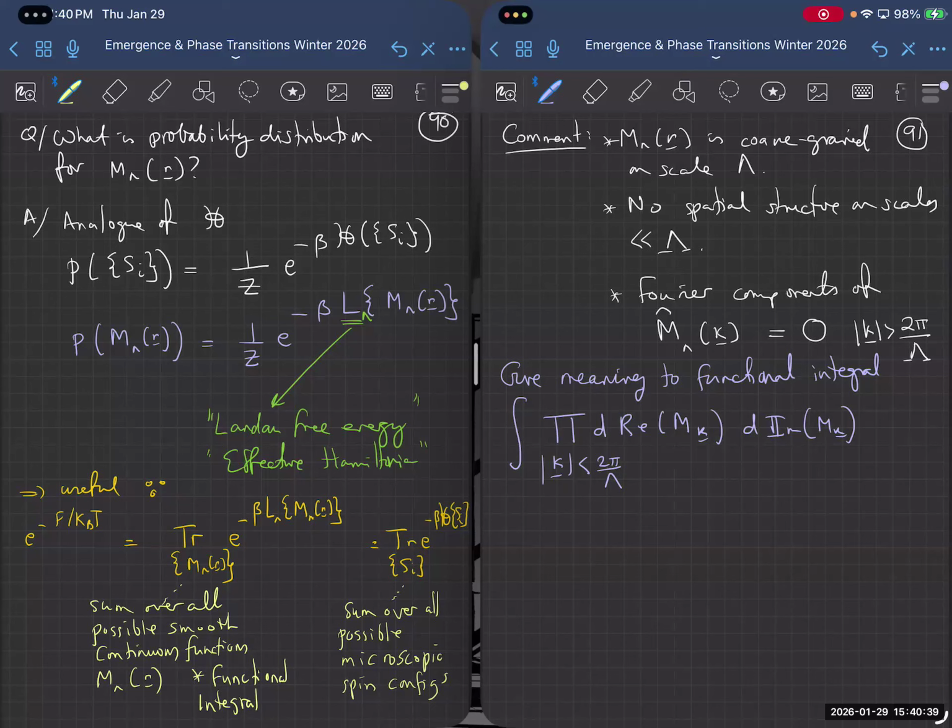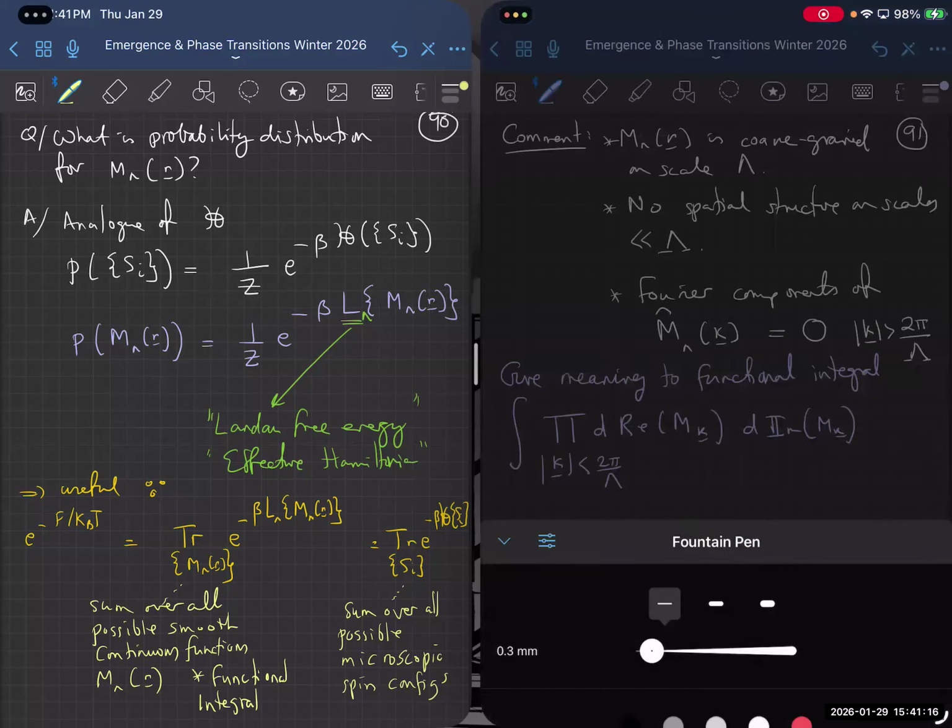It's a multiple integral over the Fourier components. If I have a finite volume, then the allowed values of k are a discrete set. So this is a huge multiple dimensional integral, but it's one that you can calculate. We will talk later about how to compute that, but that is the basic idea of how we give meaning to this functional integral, this trace over my coarse-grained degrees of freedom.